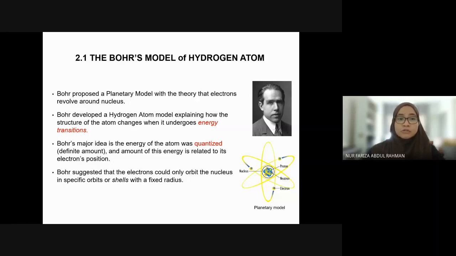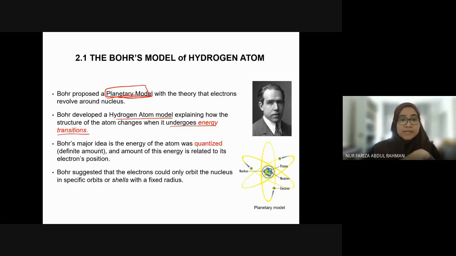Bohr proposed a planetary model with the theory that electrons revolve around the nucleus, like our solar system. Bohr developed a hydrogen atom model, explaining how the structure of the atom changes when it undergoes energy transition.